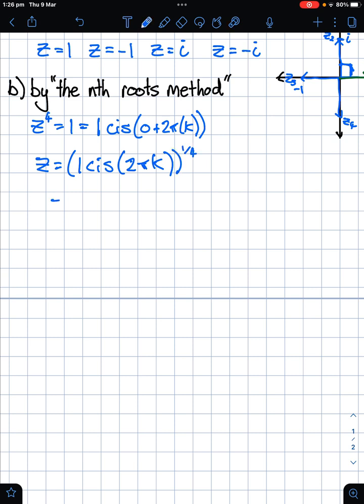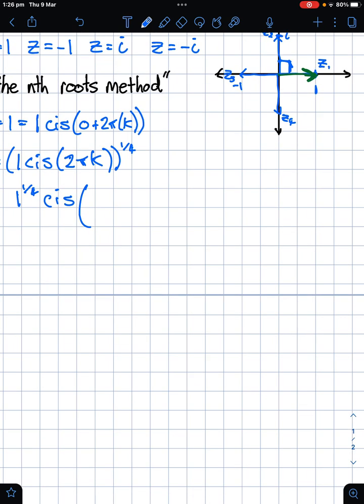Using De Moivre's theorem, we're going to have 1 to the 1/4, cis, and then our rule states that we've got 1 over 4, because that's the power, times 2 pi k. Now, I missed a step up here. The moment I had the k, I should have specified that k can be any integer.